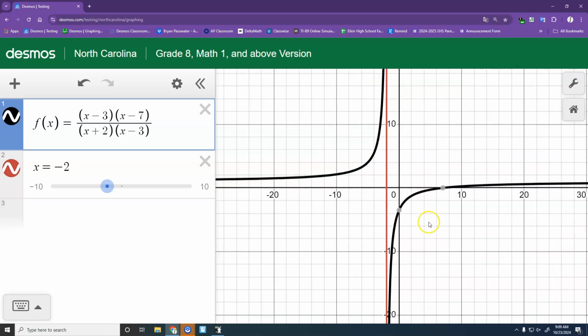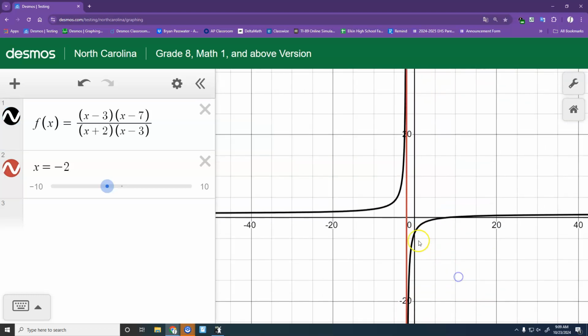That makes it really hard to find from a graph, because if you're going along the graph trying to find that point, you can go right over it and not see it, right? So we need a better way to find holes in the graph than just looking at the graph. Vertical asymptotes you can pretty much find from the graph all the time, but holes are difficult to find.